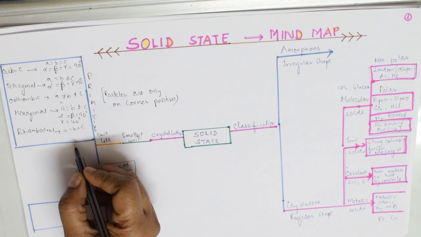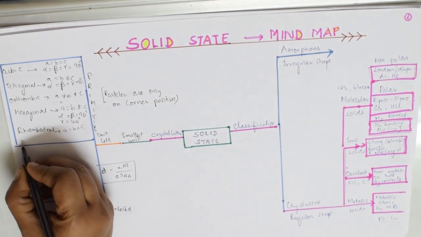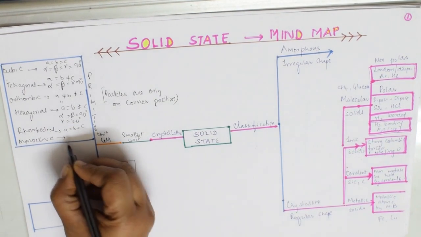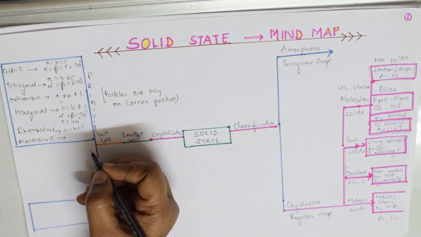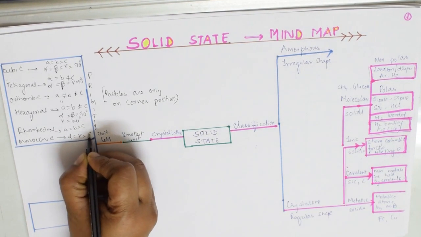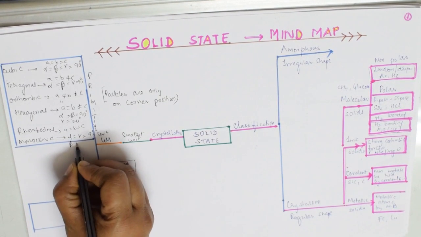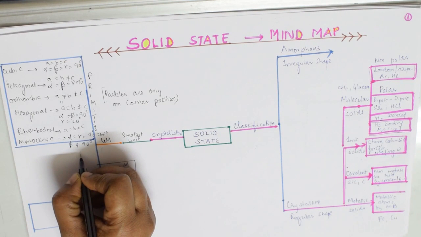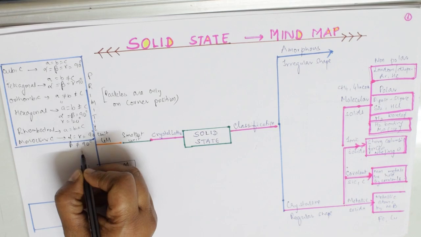Next comes monoclinic. Examples are sulfur and polonium. Here alpha is equal to gamma is equal to 90 degrees and beta is not equal to 90 degrees. So it is again a primitive type of Bravais lattice.